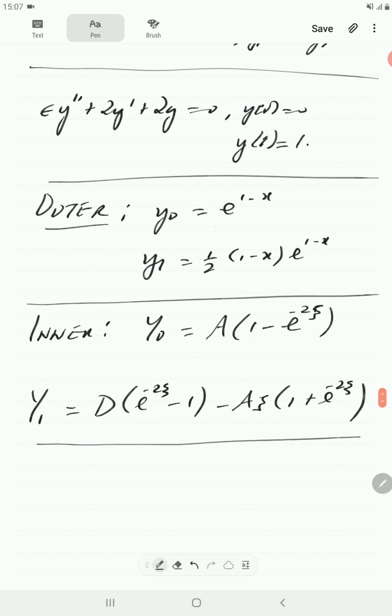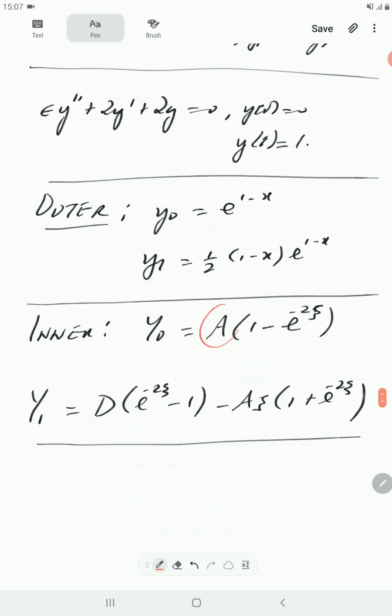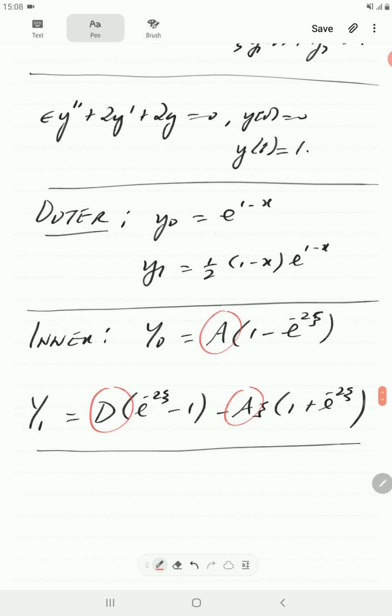Now, of course we did say that these constants we are going to find using these matching equations, right?